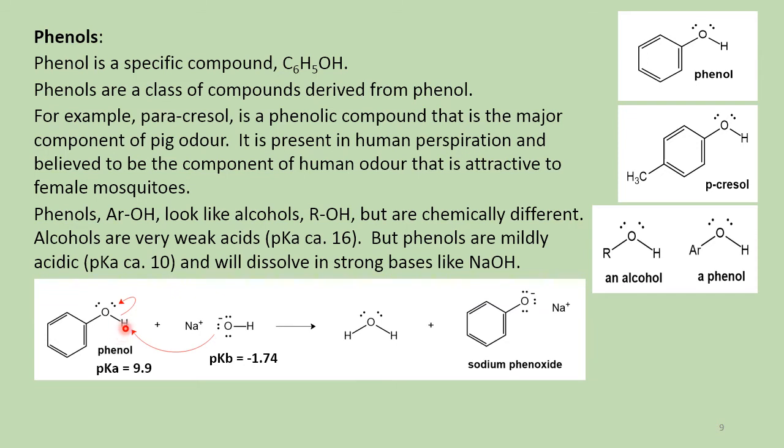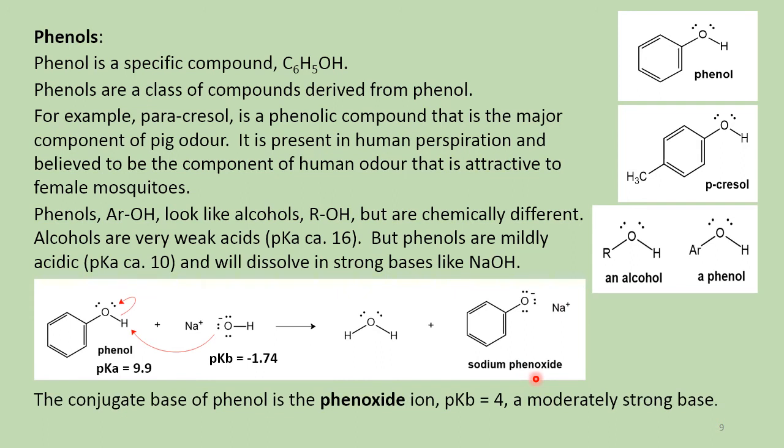If it's going to form a bond to oxygen, then it has to break the bond that it currently has with phenol. That liberates water and gives us the conjugate base, sodium phenoxide. Now, the phenoxide ion is another functional group. Its pKb is 4. It's a moderately strong base.